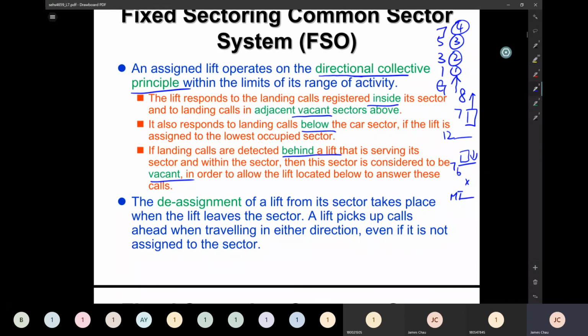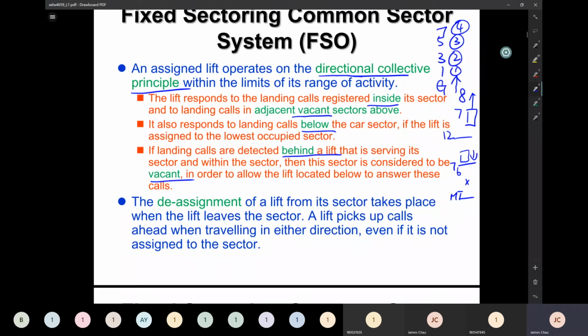Therefore, we consider the setter vacant because the leaf will leave the setter to go up and down to the other setters. If any leaf in another setter can serve this vacant call, that leaf will answer this call. Okay.